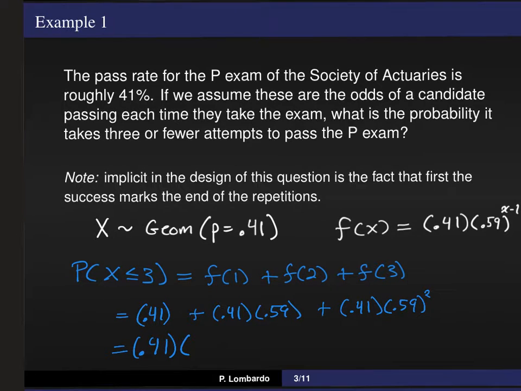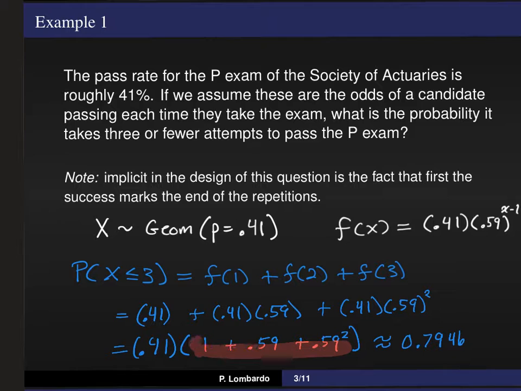The probability of success comes out of all of them, and we have 1 plus 0.59 plus 0.59 squared, and then we would go to our calculator and figure this out. So this is approximately equal to 0.7946.